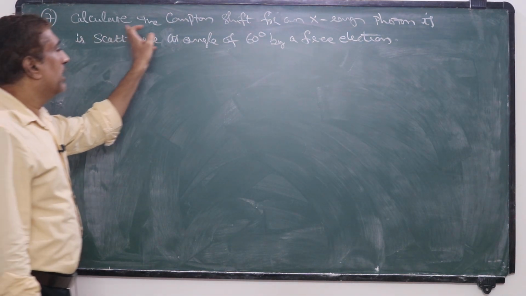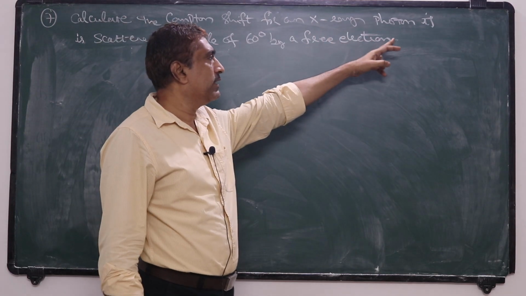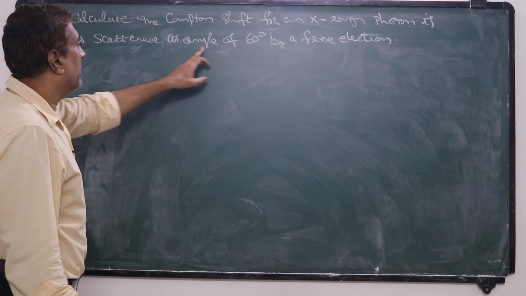So this is: calculate the Compton shift for an X-ray photon if it is scattered at an angle 60 degree by a free electron.